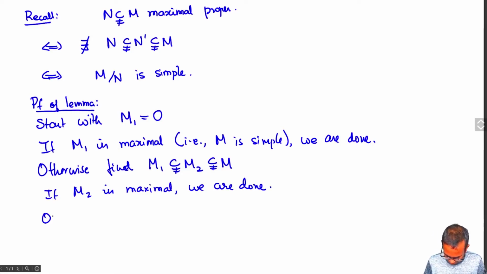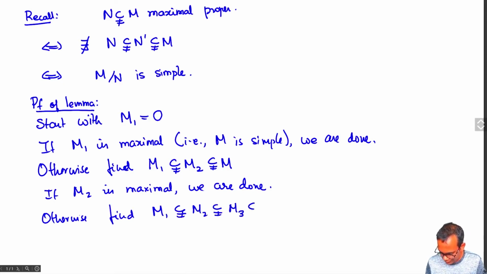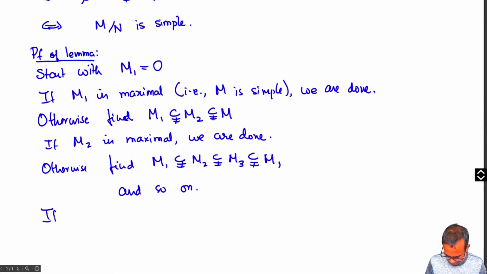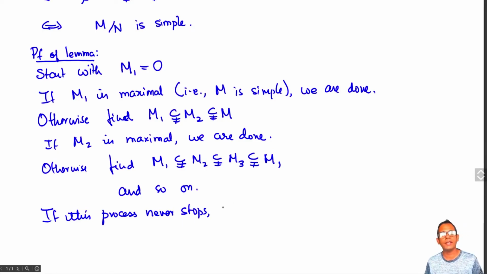Otherwise, we can find M1 strictly contained in M2, strictly contained in M3, strictly contained in M, and so on. This process, if it never stops, will give us a contradiction to the ascending chain condition.